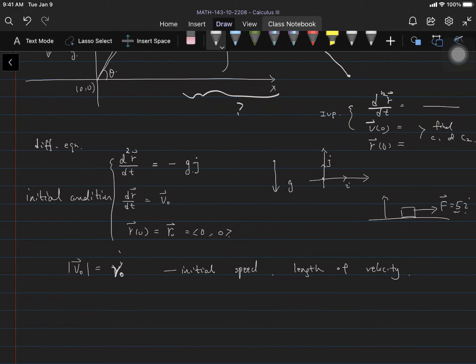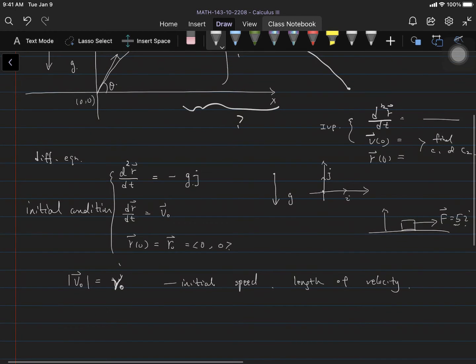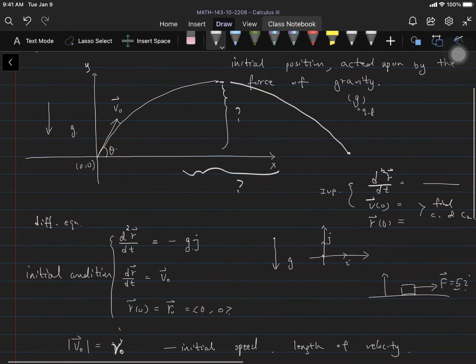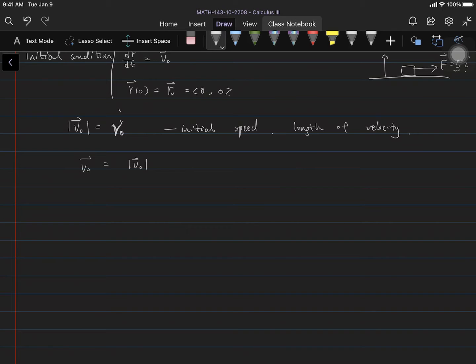Why do we want to do it this way? Because we want to decompose it, we want to express our initial velocity. So let's take a look. Initial velocity equals what? This is a vector, be careful, right? So if we take a look at the graph, I'm going to write it down here. This is our initial velocity, and we have angle theta here. So we want to express this as something i plus something j. We want to write this in vector form.